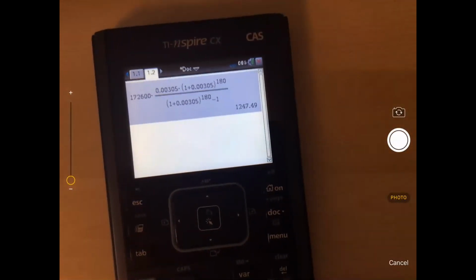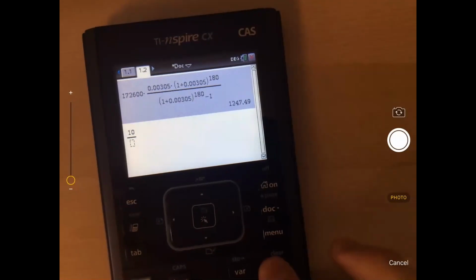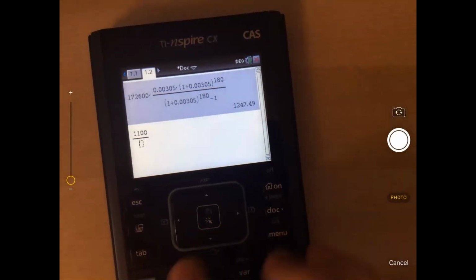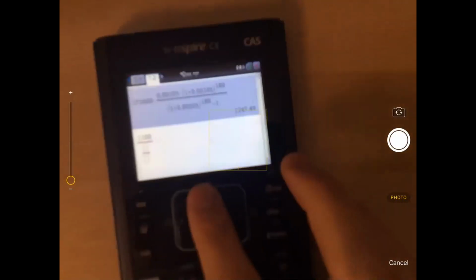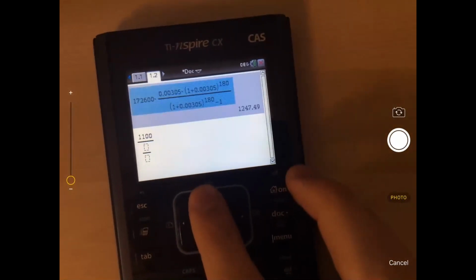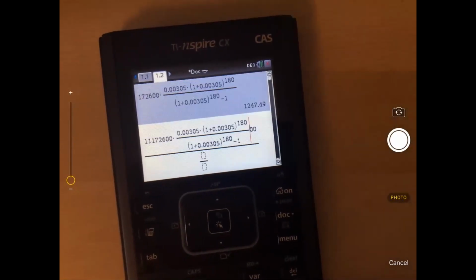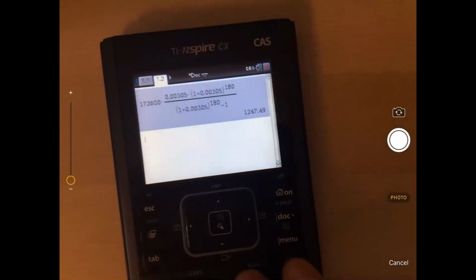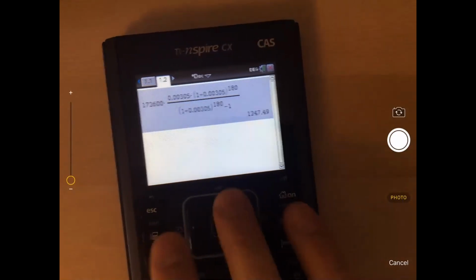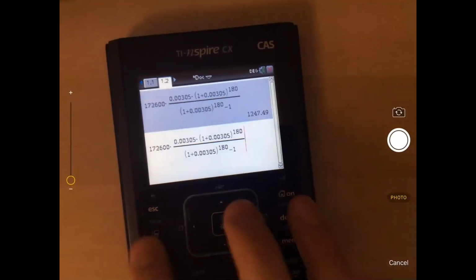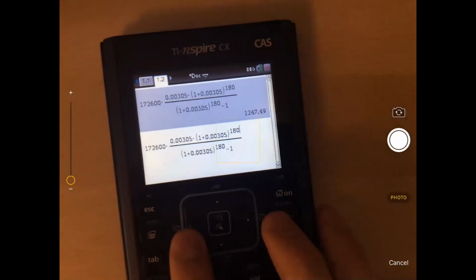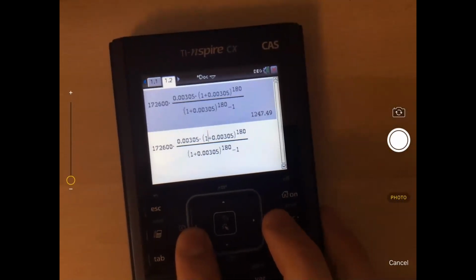So I'm going to do control divide 1,100 divided by another control divide. And I'm going to copy and paste this. How did I do this last time? I'm just going to copy and paste this. So just highlight it and hit enter.